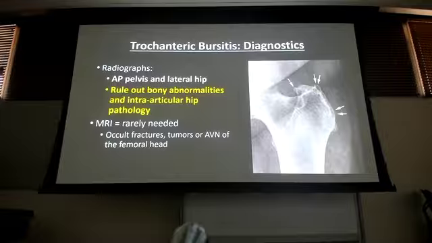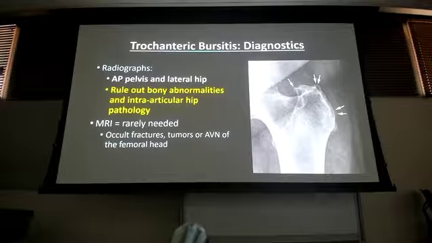But if you have a concern for an occult fracture, tumors, there it is, AVN of the femoral head, all right? Did we say the osteonecrosis of the hip? Because sometimes the patient has pain, right, in the hip, but it refers to the lateral or the buttock region. Yes, we said that, right? So is the lateral region the greater trochanter? Yes.